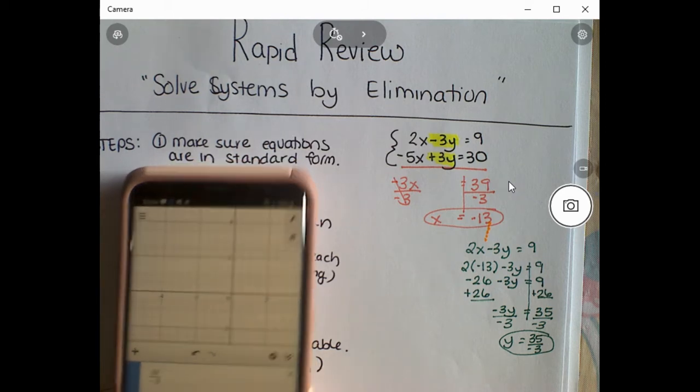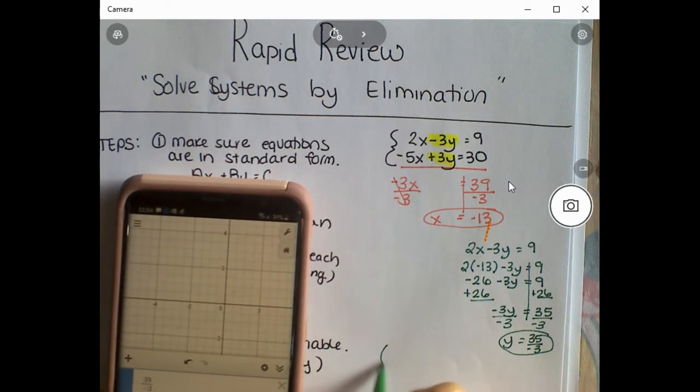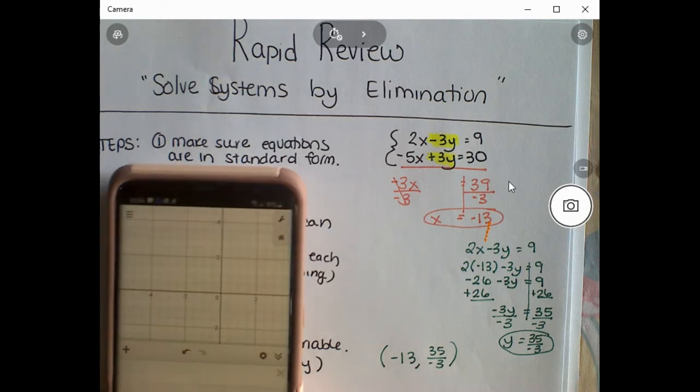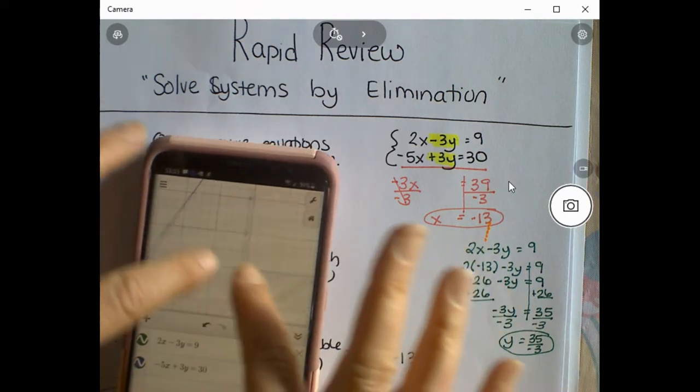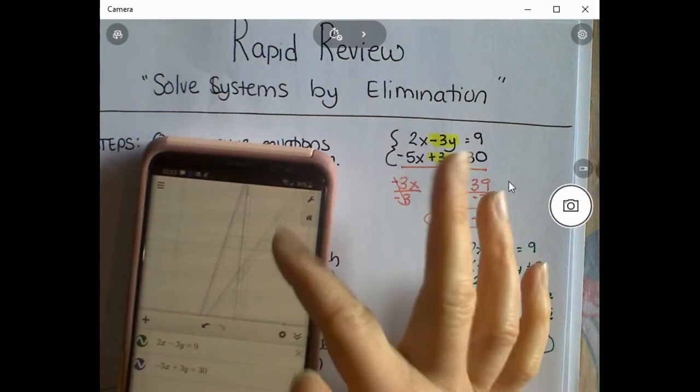So let's check our answer. The answer would be -13 is our x and 35 over -3 is our y. We're going to check the answer by going into Desmos and typing our two original equations, and we're looking for their intersection. I can't see it, so I'm going to zoom out a little bit and move my screen around.